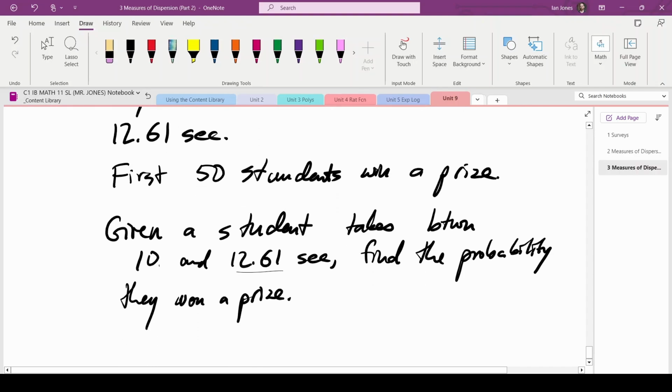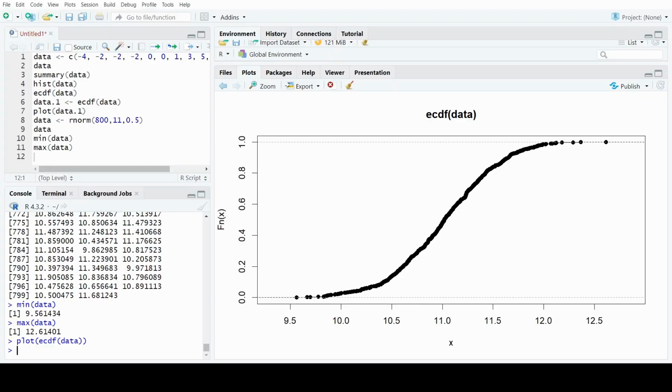And along with this question, we are given the cumulative distribution function, which I have put here in R. Okay? So, what we have to do is say, okay, this student is somewhere between here, 10 seconds, and the very end.